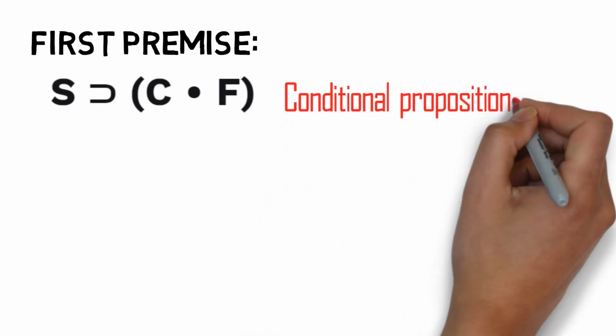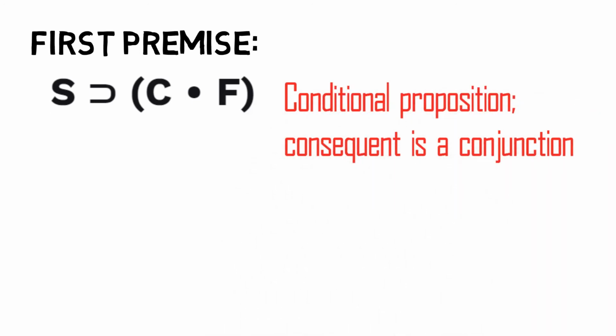The first premise is S, then C and F. As we can see, the first premise is a conditional proposition whose consequent is a conjunction. We also need to remember that in determining the truth value of this premise, we need to apply the rules in conditional and conjunctive propositions.